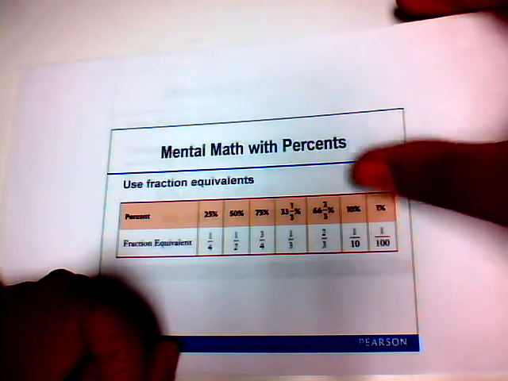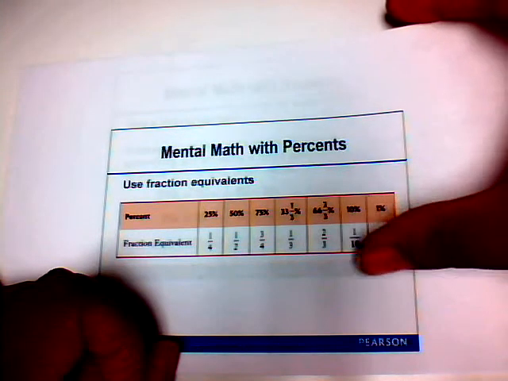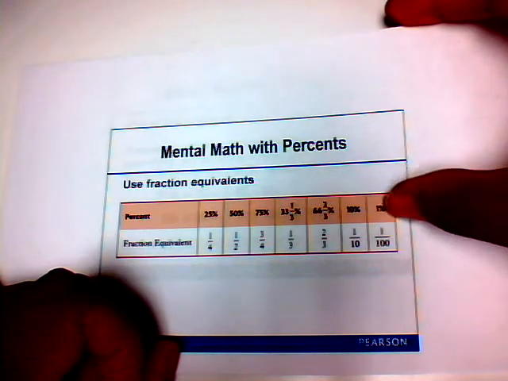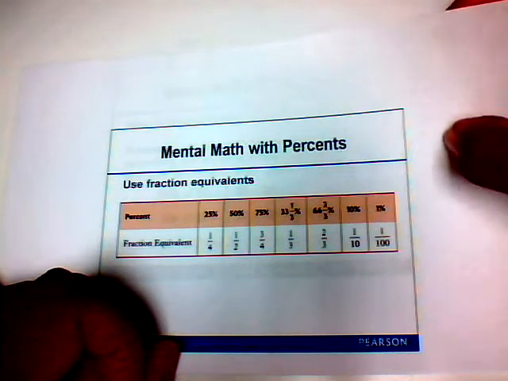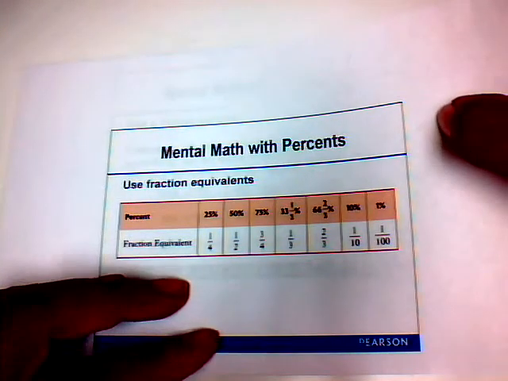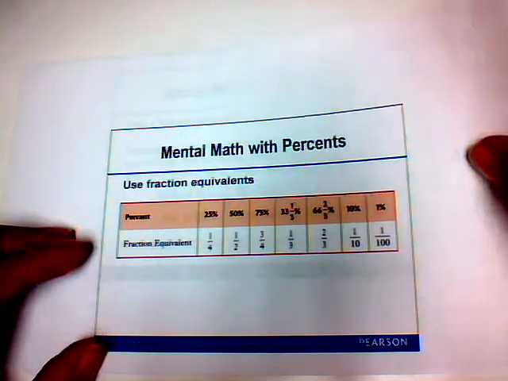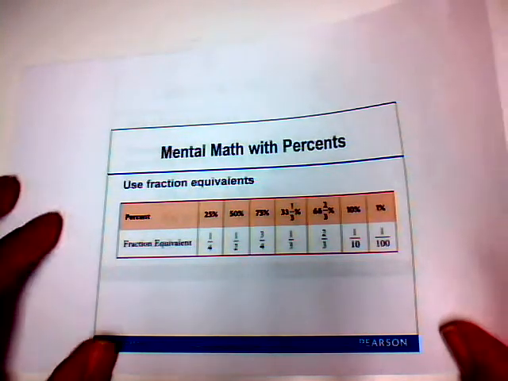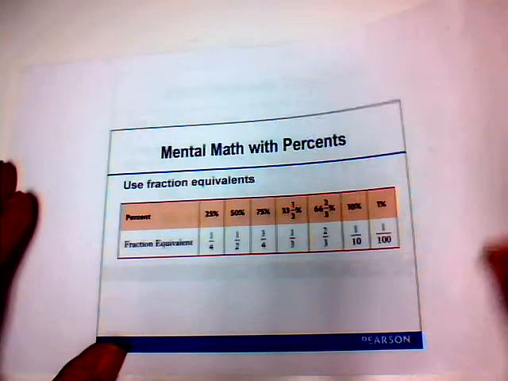Then you got 10% as an equivalent fraction would be 1/10, and 1% would be 1/100 as an equivalent fraction. Sometimes you'll be able to use these as a way of helping you work out problems that involve percents.